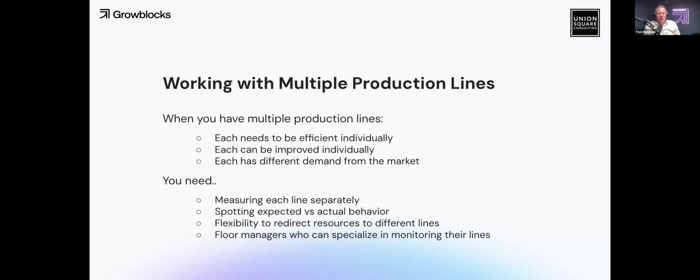We need to figure out what was expected behavior versus what is the actual behavior that we're seeing. What is my flexibility to move around resources? You wouldn't do this on a daily basis, but quarterly or annually. If there's a production line that's really inefficient, why would I resource it further? Why wouldn't I instead take resources away and put them into the production lanes that are way more efficient, which overall, by the way, increases your efficiency, right?